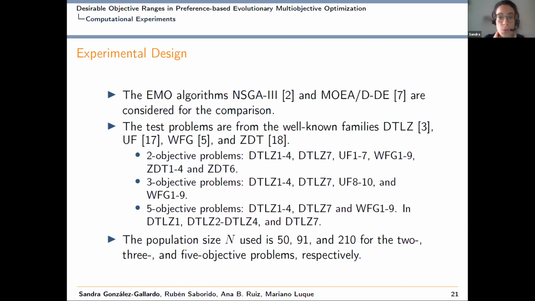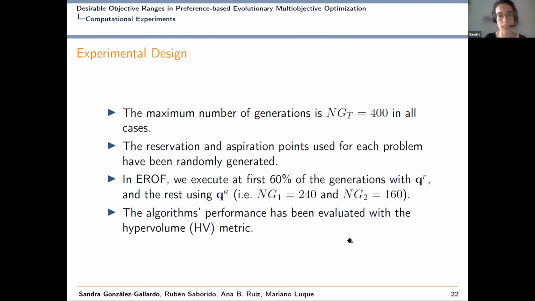We use problems with 2, 3, and 5 objective functions. The population size used is the following, depending on the dimension of the problem. The maximum number of generations is 100. The reservation and aspiration points used for each problem have been randomly generated.